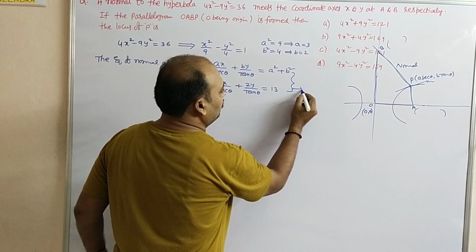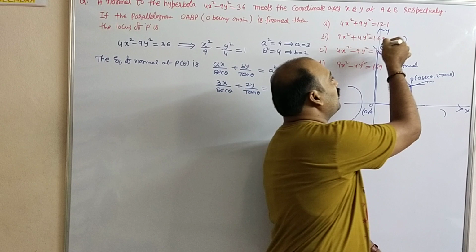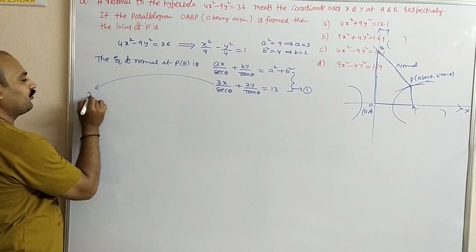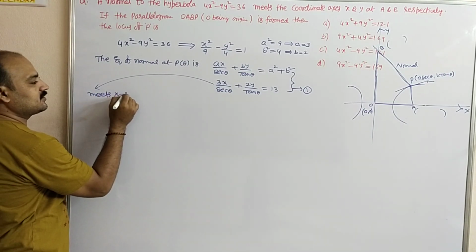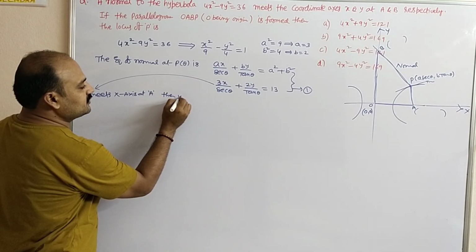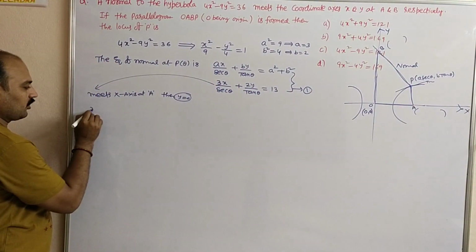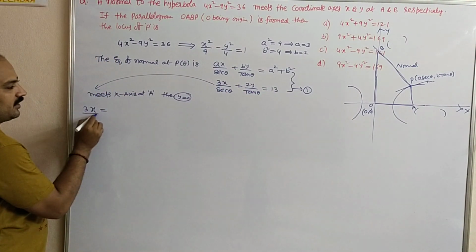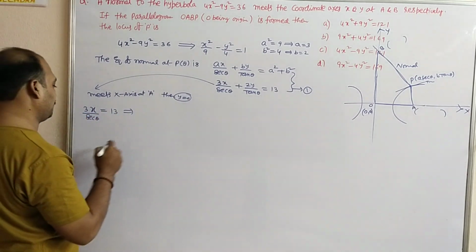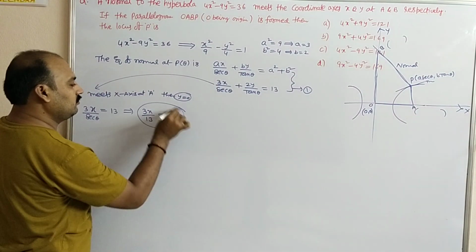This equation meets the x-axis at the point A, the y-axis at the point B. So equation 1 meets the x-axis at A, then y is equal to 0. Y is equal to 0, if we substitute, 3x/secant theta is equal to 13. That implies that secant theta, make it a subject: 3x/13 equal to secant theta.